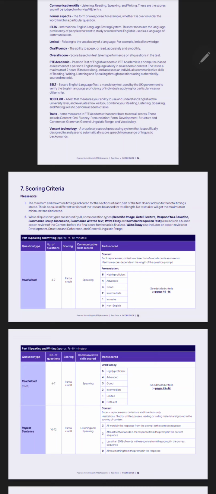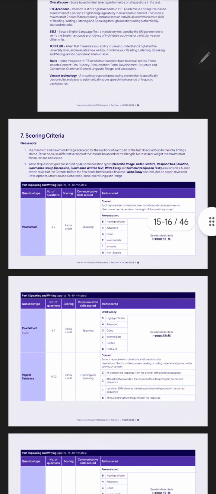There are six levels: 0 non-English, 1 intrusive, 2 intermediate, 3 good, 4 advanced, and lastly 5 highly proficient. I really want to have 4 and 5.